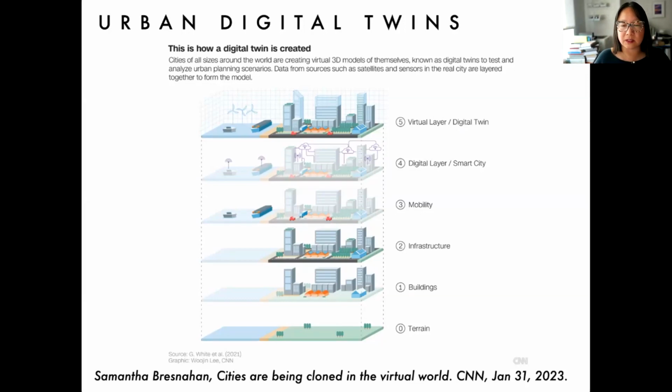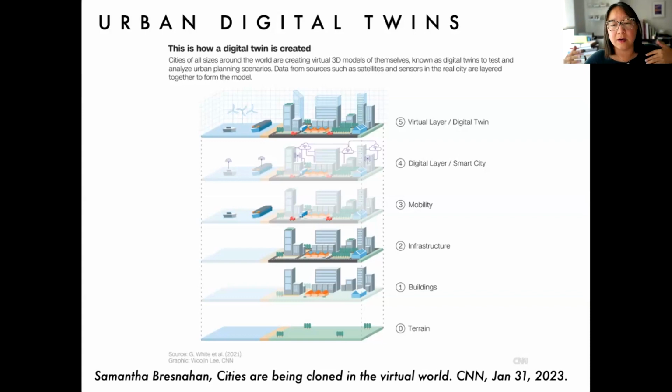This is not only the physical layer and the information about the buildings' infrastructure, but also models of the transportation, the trucks, cars, ships, what have you, and the information layer about what's going on in the city. This is information about different levels of traffic, different kinds of pollution, different temperature. And then the digital twin brings it all together.